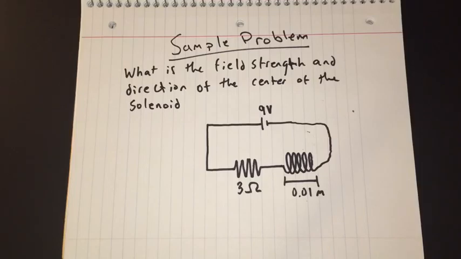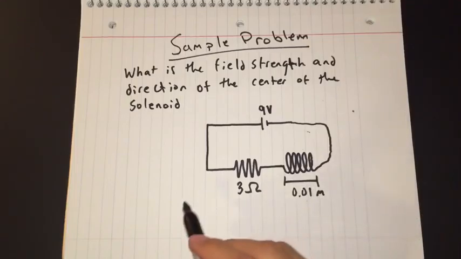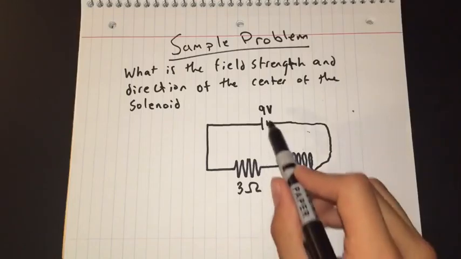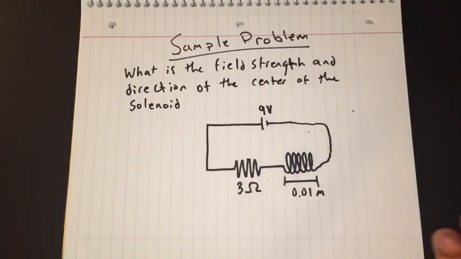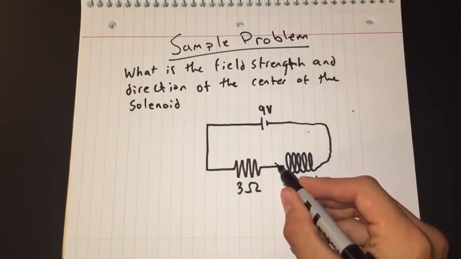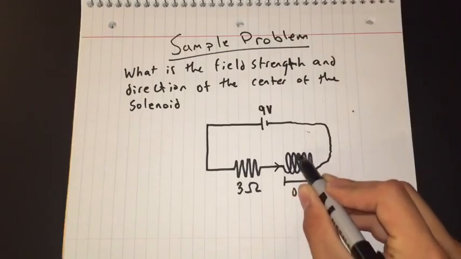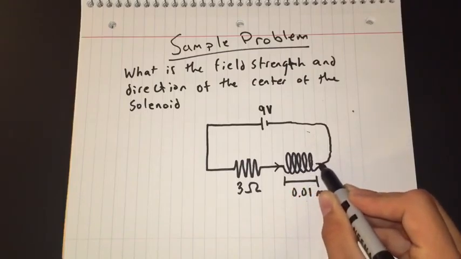is related to the direction of the current, right? As we found out earlier. So since the battery is hooked up this way, the current will be going in this direction, right? So it'll go through the turns thusly.